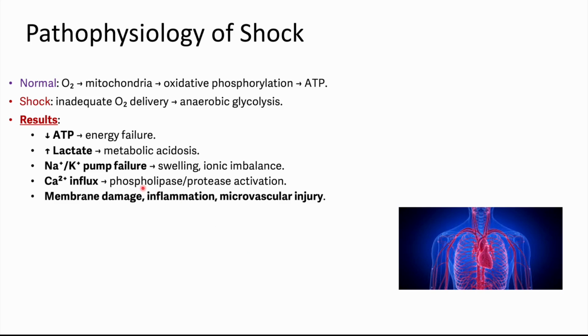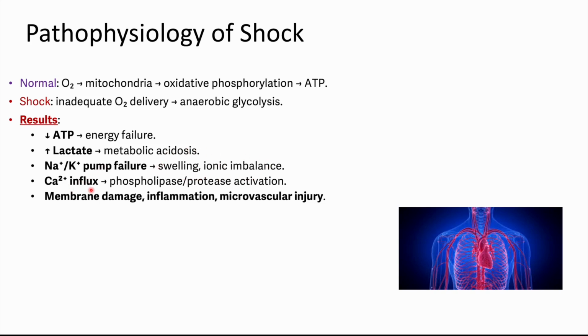So I have written it over here. So there will be decreased ATP, energy failure, increased lactate due to anaerobic glycolysis. This causes metabolic acidosis, then sodium potassium pump failure. This will cause ionic imbalance and cell swelling.